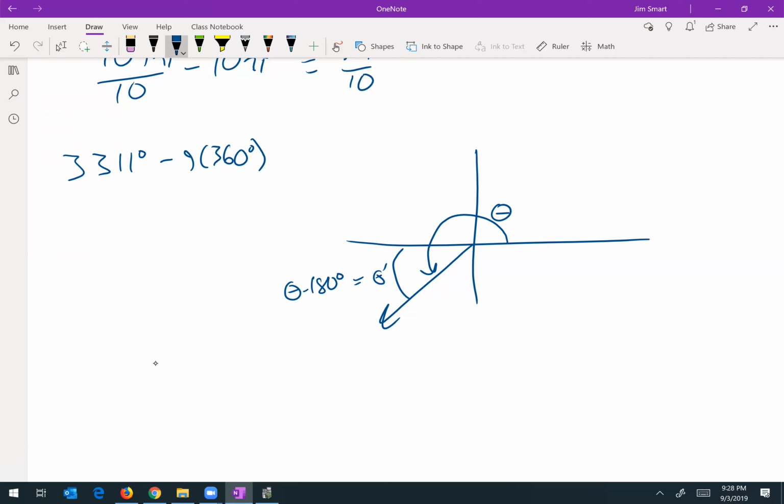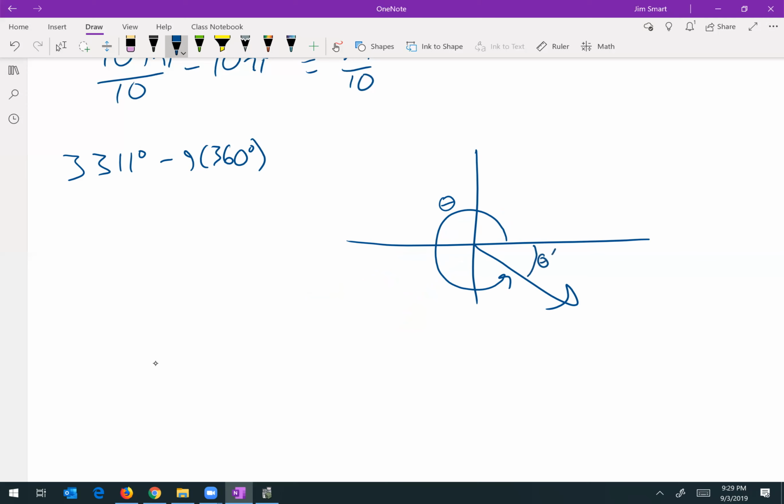Now if I was in the fourth quadrant, my theta is all the way around, between 270 degrees and 360. My theta prime is back up to the x-axis. So that would be 360 degrees minus theta.